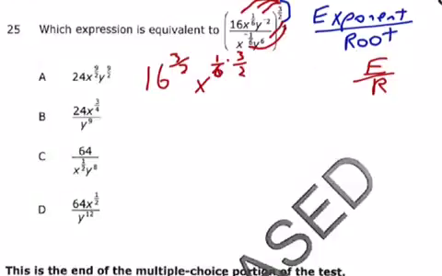And I know I can simplify a little easier. 3 will go into 3 once, 3 will go into 6 twice, so multiply across, we have 1 over 4. So that's x to the 1/4.